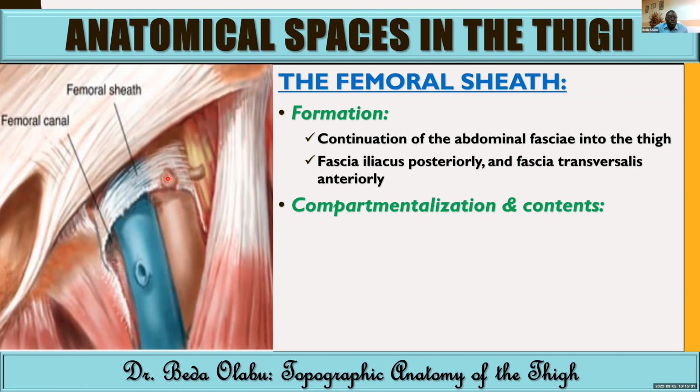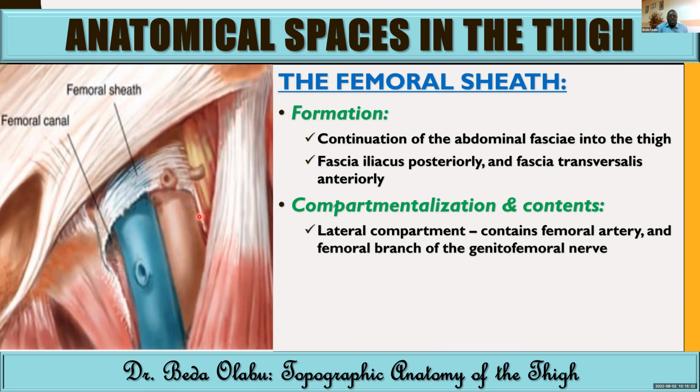Now, the femoral sheath is divided into some compartments. And these compartments have some specific contents. In particular, it is divided into 3 compartments using 2 septa. So there's a septum here, and there's a septum there that divides the femoral sheath into 3 compartments.